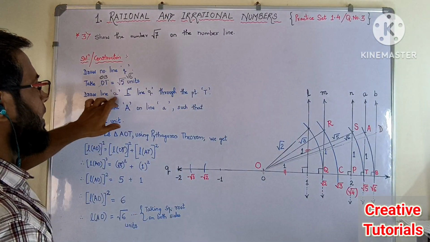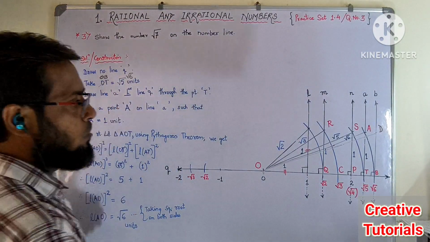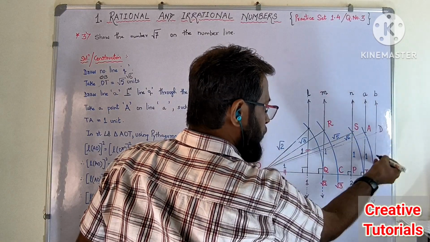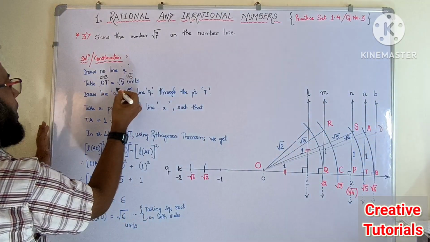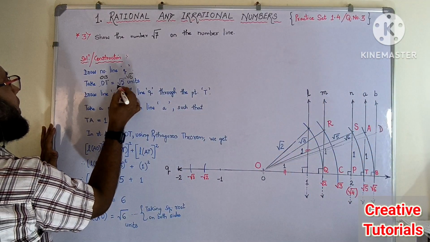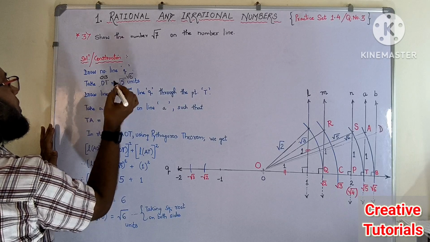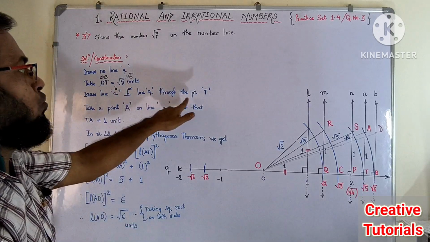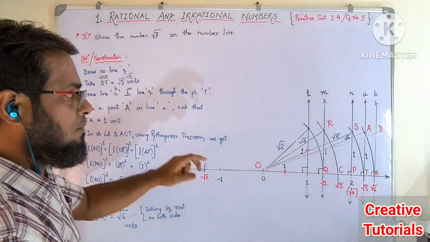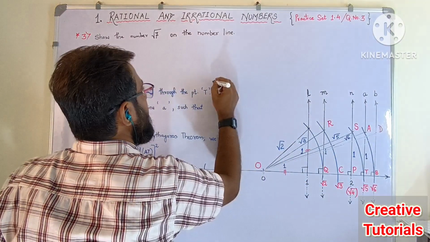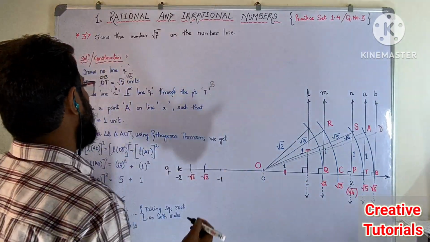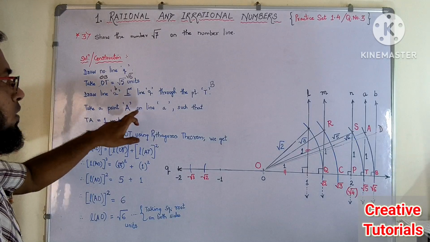Now draw line A perpendicular to line Q. This is line B which we have taken, so this A will become B. Take small b, then the perpendicular line to Q through point T. This T becomes B, so this will give you capital B over here. Take a point D on the line.